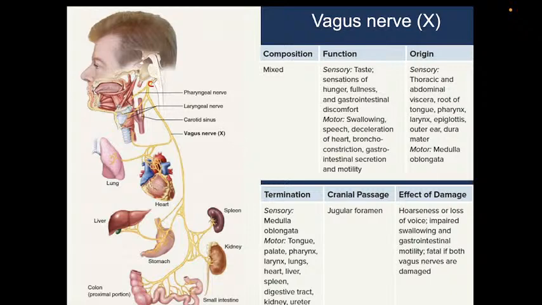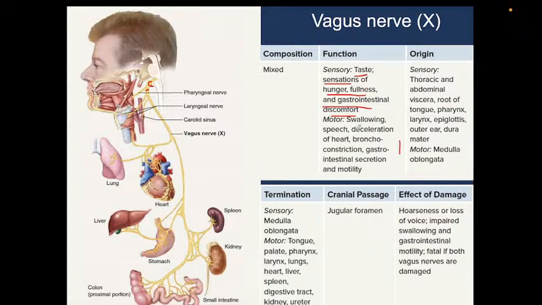So there are two ganglia for the vagus nerve, superior and inferior. As you see, the list of functions is as long as my arm. So this is sensory: taste sensation, hunger or fullness, and gastrointestinal discomfort.